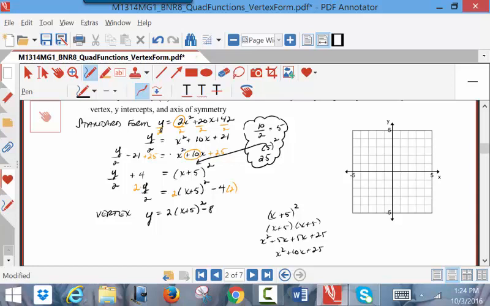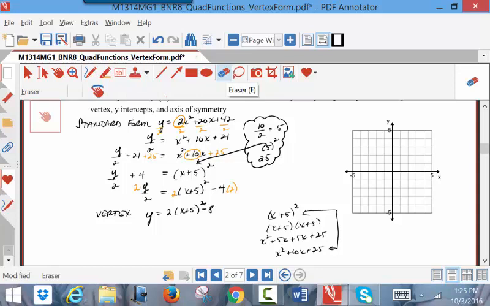These are equal to each other. I just took x squared plus 10x plus 25 and factored it into x plus 5 times x plus 5. That makes sense. Okay, so it's factoring. We're doing a little tricky shortcut, but you're factoring it.